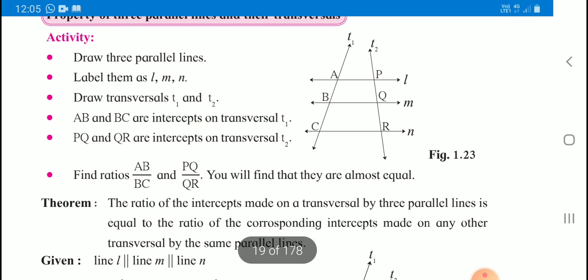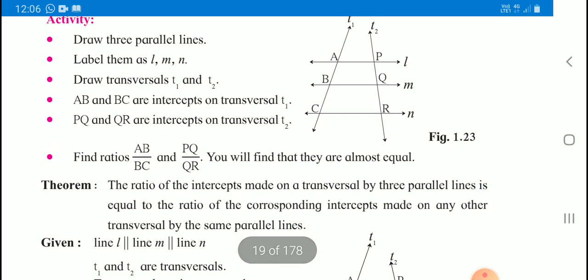Draw three parallel lines. Here they have given the three parallel lines, line L, line M and line N. Label them as L, M, N. Then they draw the transversals T1 and T2. AB and BC are intercepts on transversal T1. PQ and QR are intercepts on transversal T2.